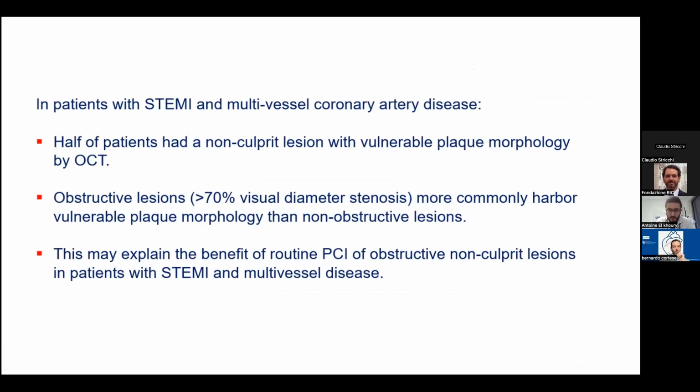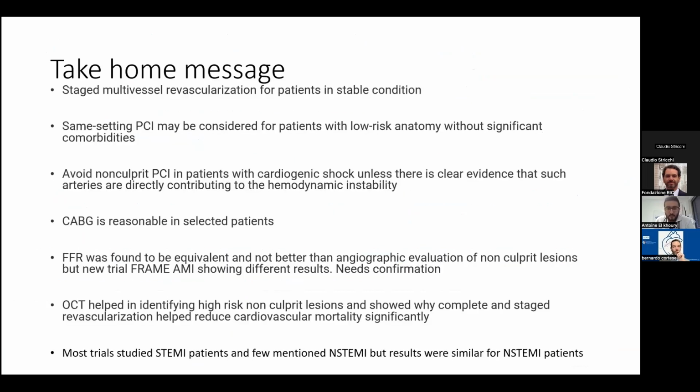So here is the conclusion of what we said. If we need a take-home message after this presentation, we need to know that staged multivessel revascularization for patients in stable condition should be performed after the culprit vessel revascularization.